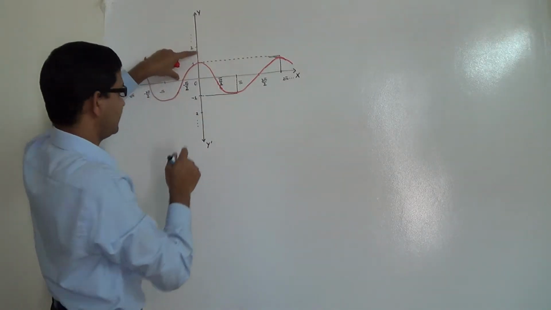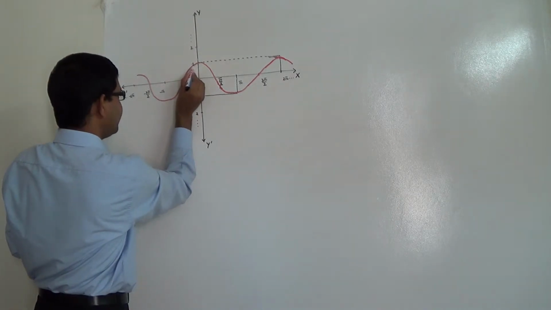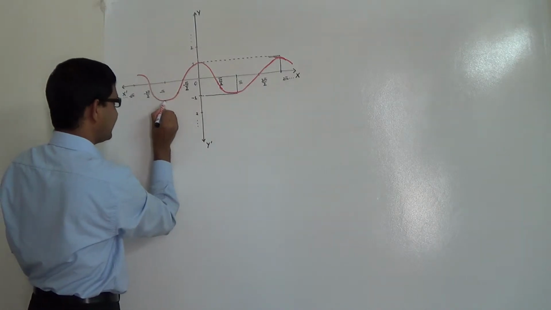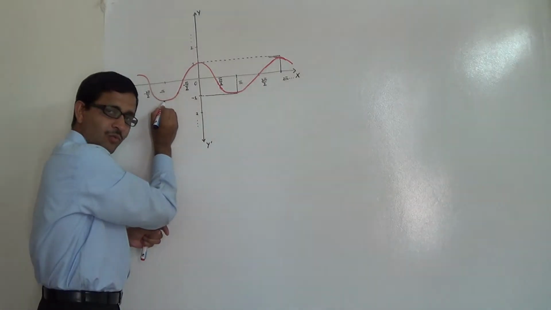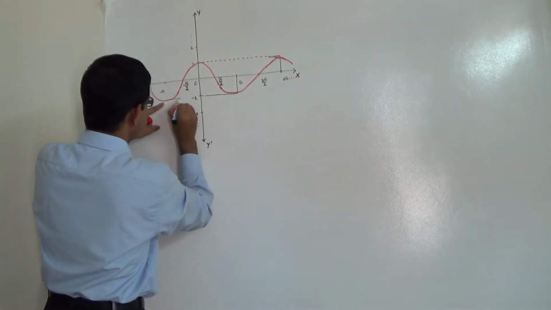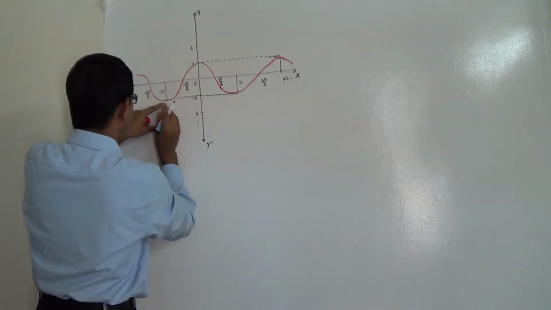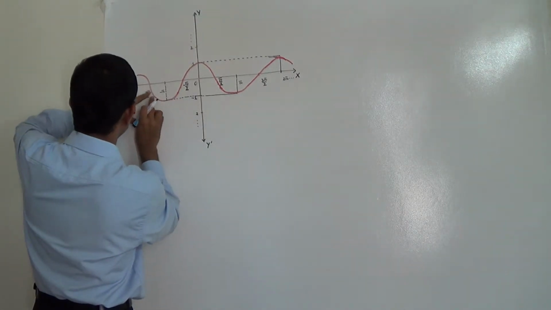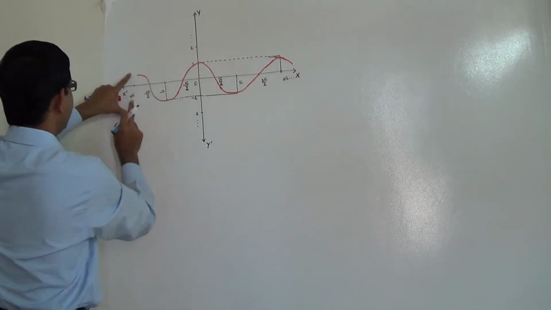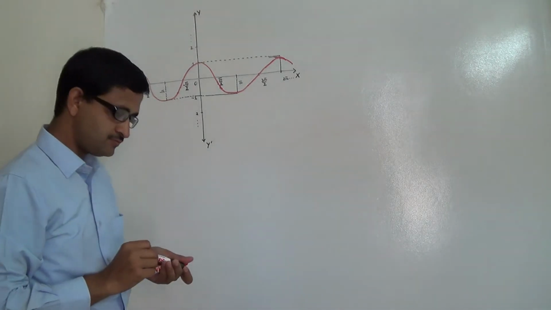More specifically, from 0 in the negative angle, it started decreasing till minus pi, and it attains the minimum value of minus 1 at the angle minus pi. So this is the minimum value. And then after minus pi, it starts increasing, and it attains the maximum value at minus 2 pi, and in that way it is continuing.